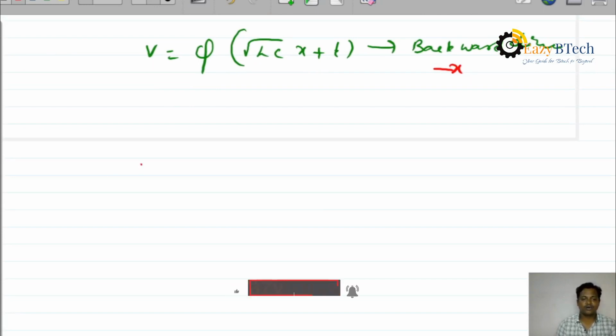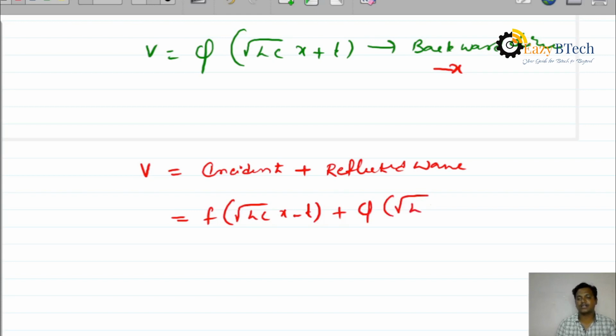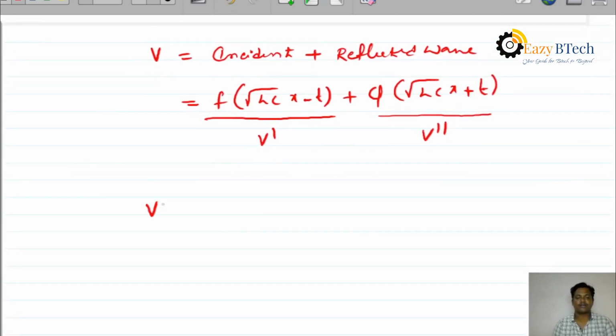Now, the voltage waveform V is the combination of the incident wave plus the reflected wave. Therefore, the incident wave I am representing as a function of root LC x minus t. This is the solution for the incident wave, and this is the reflected wave, root LC x plus t. I am representing this term as V dash and this term as V double dash. Therefore, the transmitted or refracted voltage V equals V dash plus V double dash.